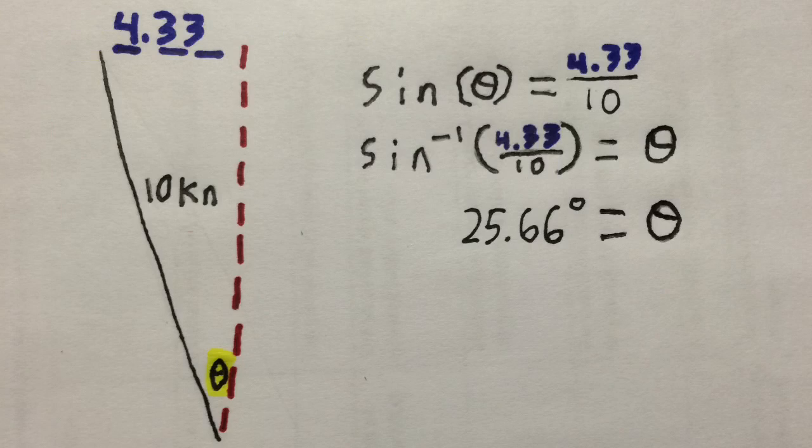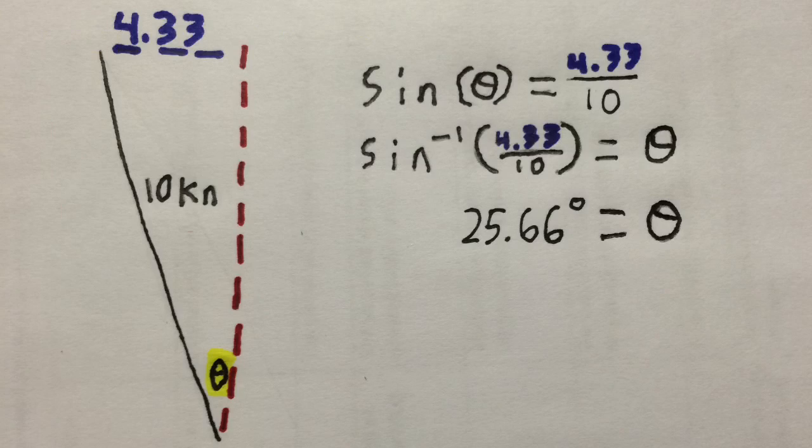In order to figure out theta, or the angle that we need, we will use the trig function sine. In sine, we will use 4.33 and 10 as our hypotenuse. We will use the inverse of sine, which is sine inverse of 4.33 divided by 10 equals theta.